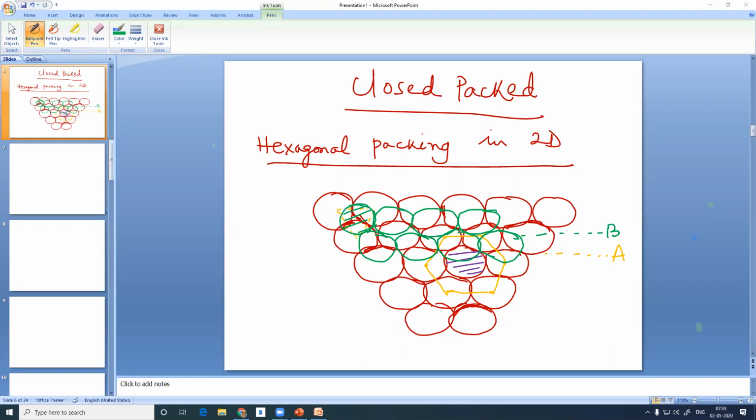Right? Now, when the third layer is created over the second layer, there are two possibilities. One possibility is the one which you were forced to leave.